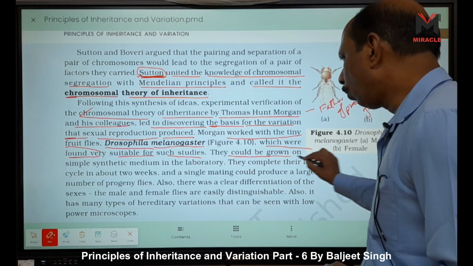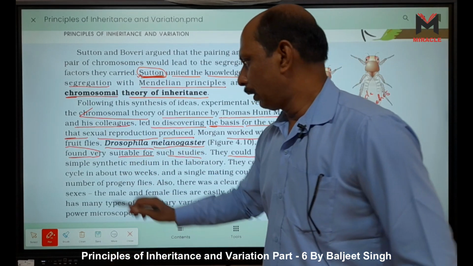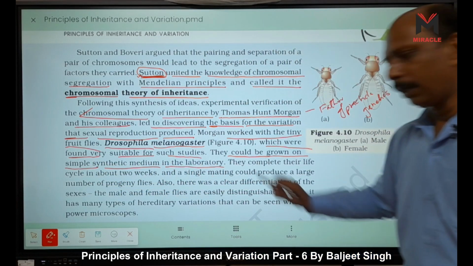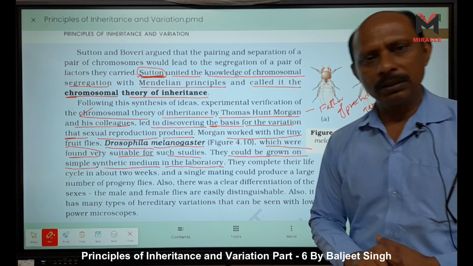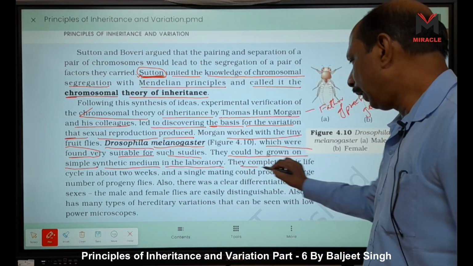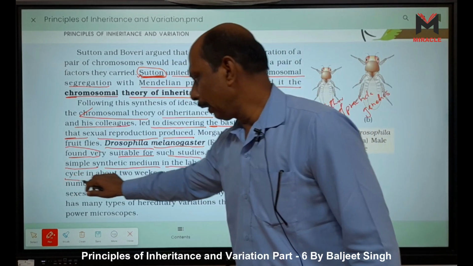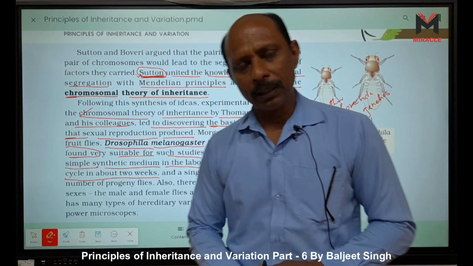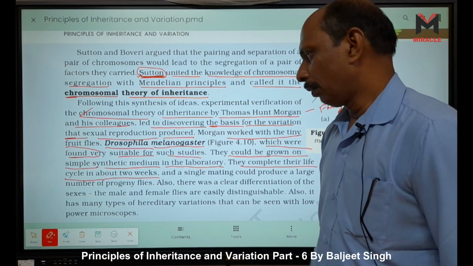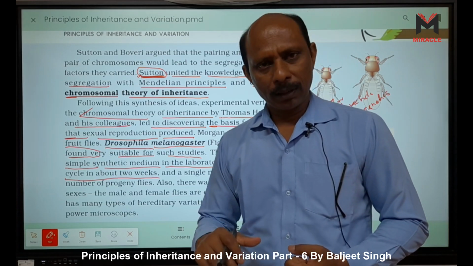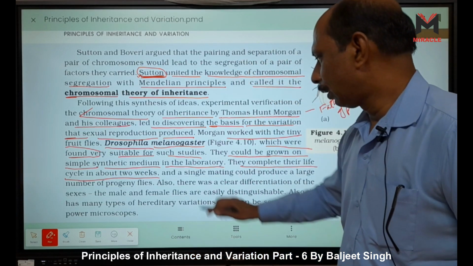First, they could be grown on simple synthetic medium in the laboratory. Second, they complete their life cycle in about 2 weeks, meaning 15 days. So the lifespan is less, which means we can study different offspring.